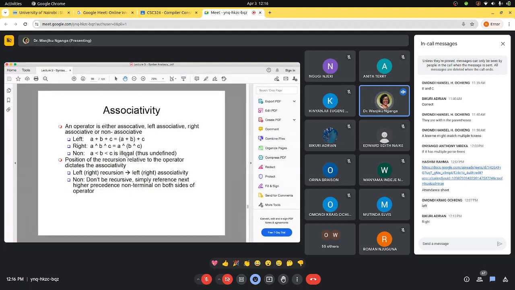I don't remember which language does which, but each language defines the associativity. Most of them are guided by the rules of arithmetic, but by and large, we end up using left or right associativity for operators of the same precedence.